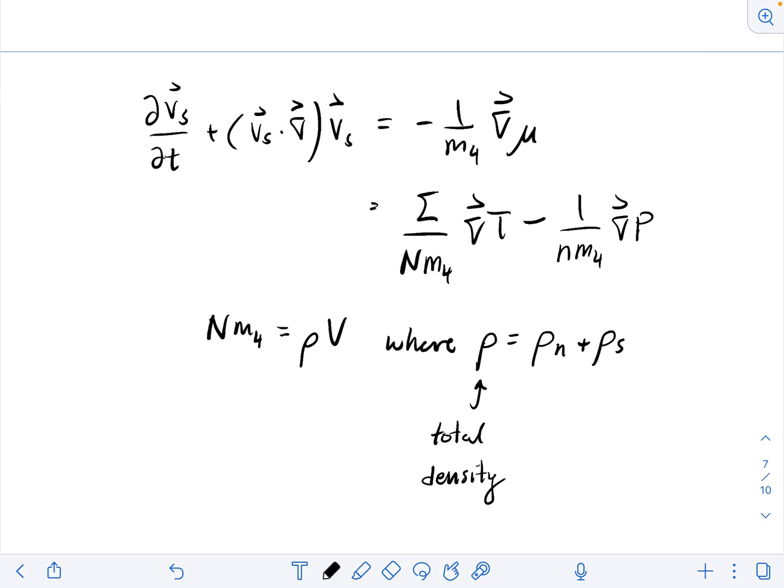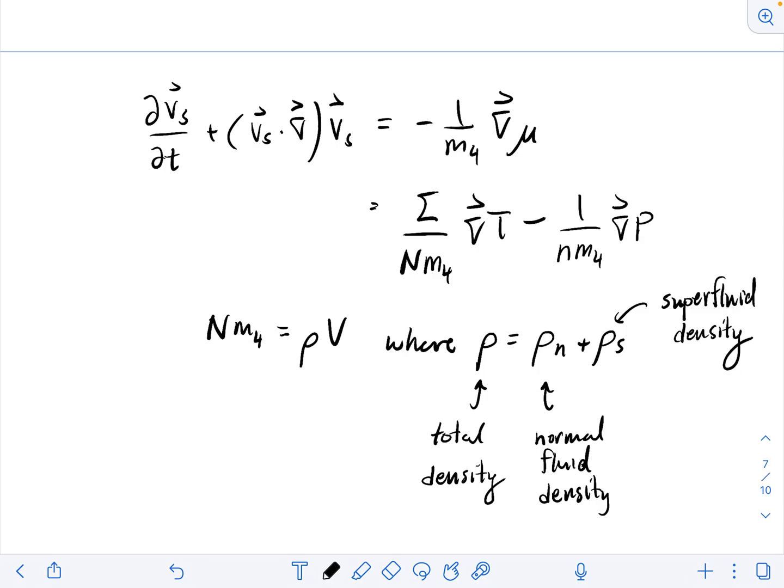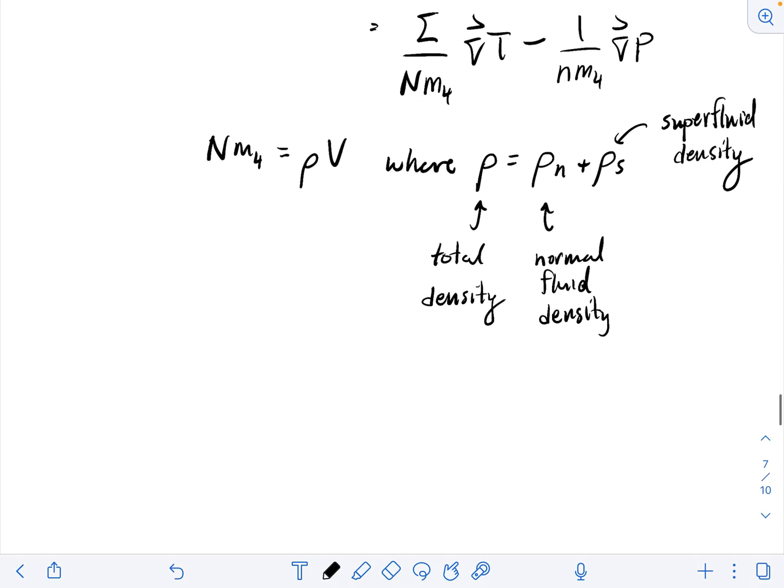And so this is the normal fluid density, and this is the superfluid density. Okay, n times m4 is equal to the number of particles times m4 over the volume. And so that's just the total mass divided by the volume, and so it's just rho.